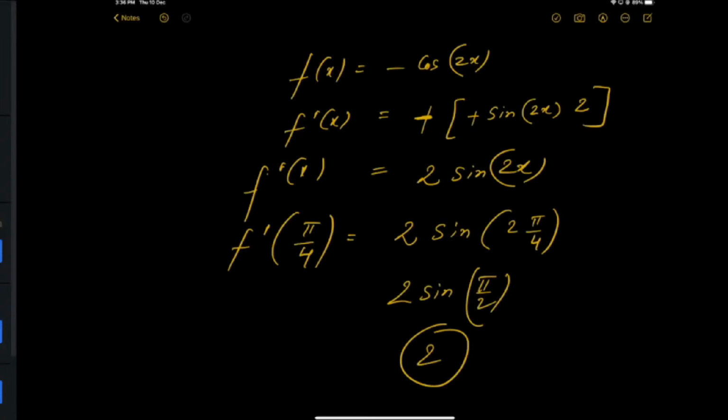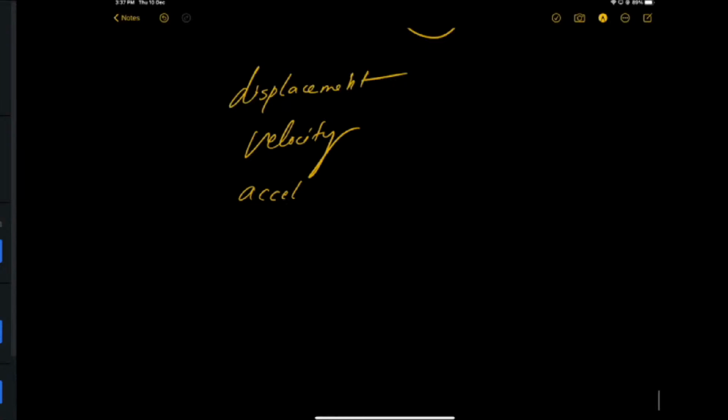The symbol of displacement is s, the symbol of velocity is generally v, and the symbol of acceleration that we generally use is a. These are all functions of time.